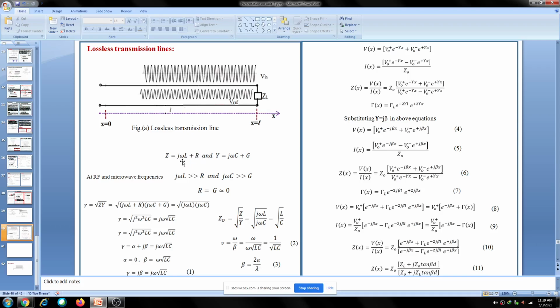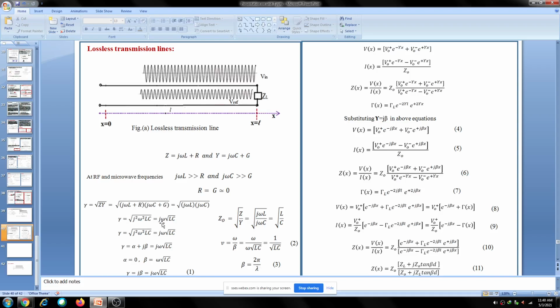So in these equations, for the series impedance and the shunt admittance, at very high or microwave frequencies, j omega L and j omega C become very high, so we can neglect R and G. So you get Z equal to j omega L and Y equal to j omega C. In such a case, gamma is the propagation constant, root of Z into Y. Here R and G are approximately 0.